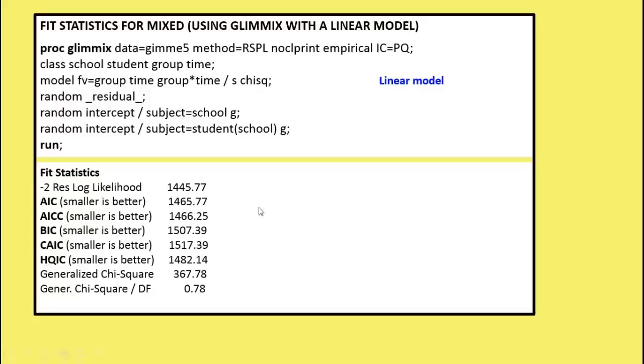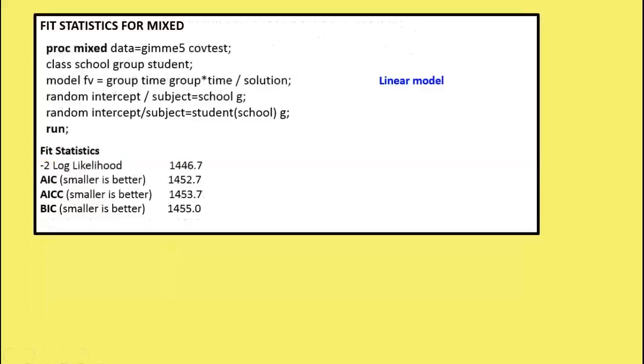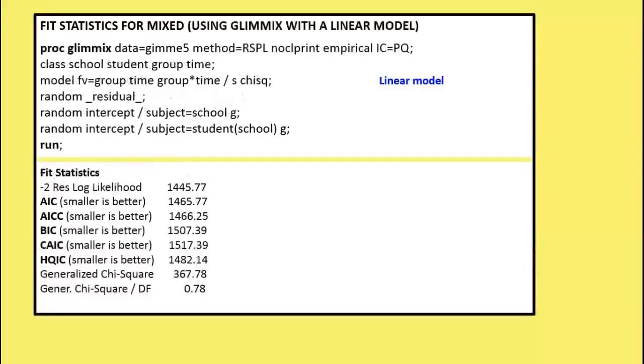But in this case, I'm still using a linear model. So if I'm using GLIMMIX to do a linear model, I'm basically doing mixed, because GLIMMIX and mixed will do the same thing. I just wrote the code using GLIMMIX over here, and I wrote a random residual here. So I'm basically getting the same information as I got here, but I'm getting a few extra fit statistics. It doesn't usually matter which one you choose, and usually it's among the ones that I've got in bold over here. These other 2 and the -2 residual log likelihood are usually not used.